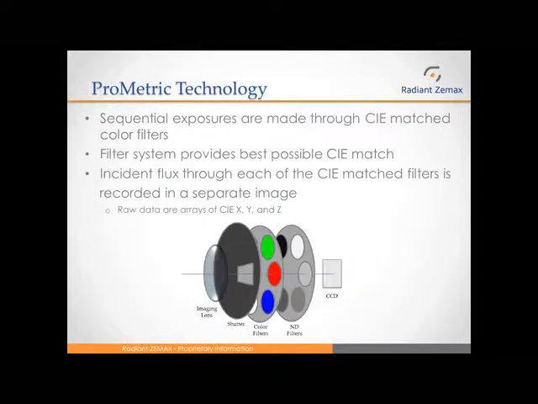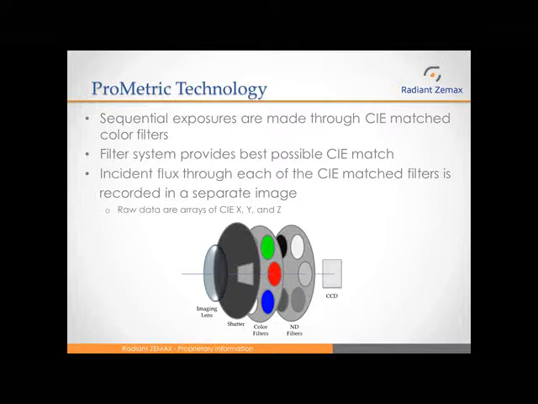And so ProMetric cameras, this is how we measure color, with a moving filter wheel in front of the CCD. So we talked about those CIE Tristimulus curves, the color matching functions. The filters inside the camera are actually matched to those functions.